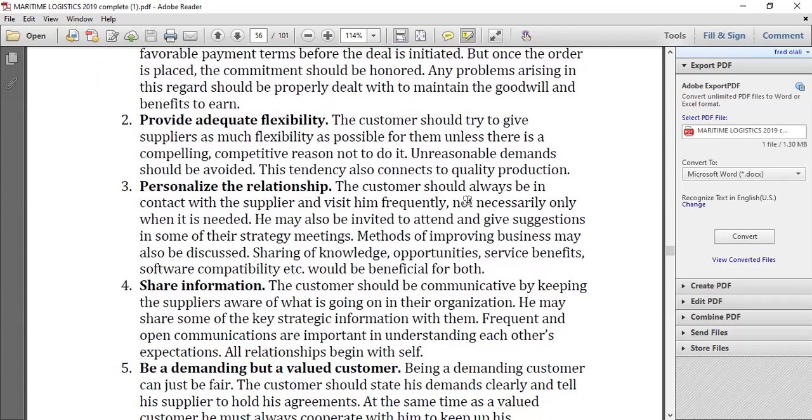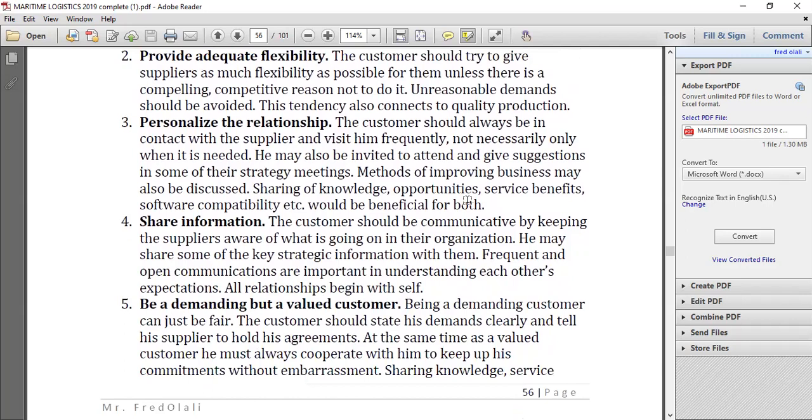Share the information. Make the community of suppliers aware of what is going on with the organizations. They may share the key strategic information with them. Frequent and open communications are important. Also be a demanding, but valued customer. By demanding, a customer can just be fair. The customer should state his demands clearly and tell his supplier to hold to his agreement.